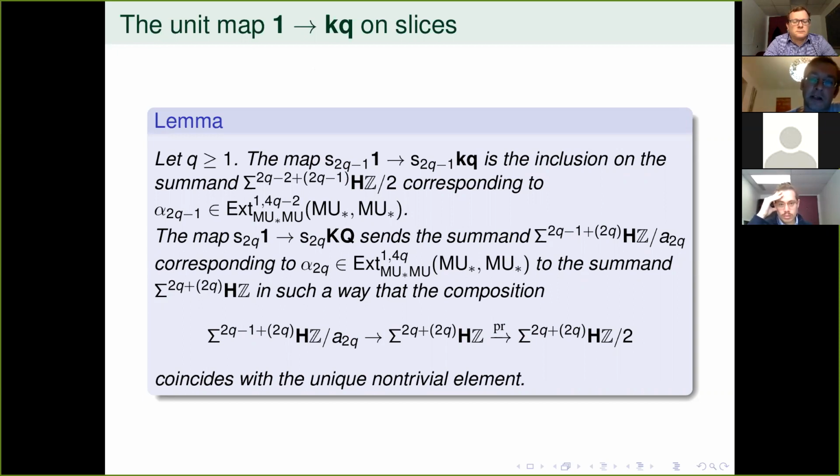This already tells you that certain maps on slices have to be non-trivial. And it's non-trivial in such a way that you see the odd index alpha family, alpha 1, alpha 3, alpha 5, and alpha 1 multiples of these.